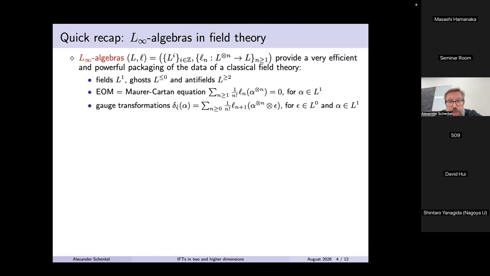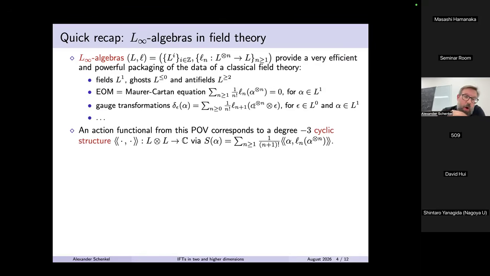And the way the gauge transformations act on the fields is encoded by another bracket expression of this type. There are also formulas you can find for higher gauge transformations and various other things. So L-infinity algebras really package all the data and structure you have to know about the classical field theory.